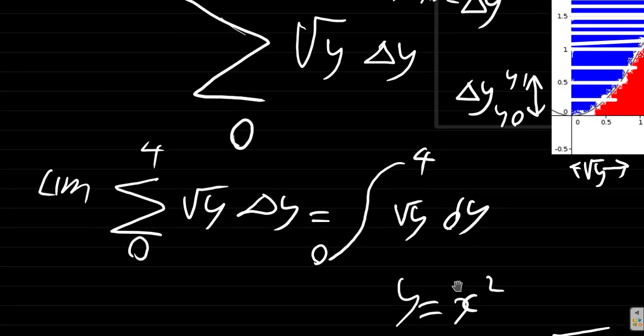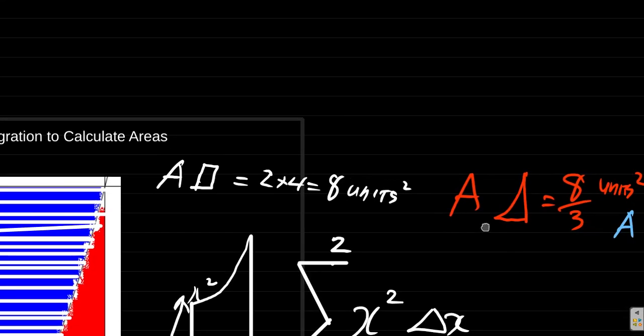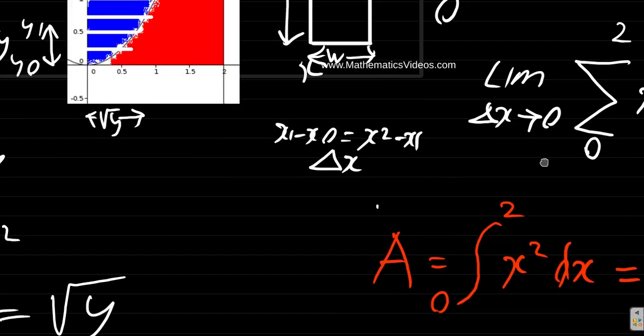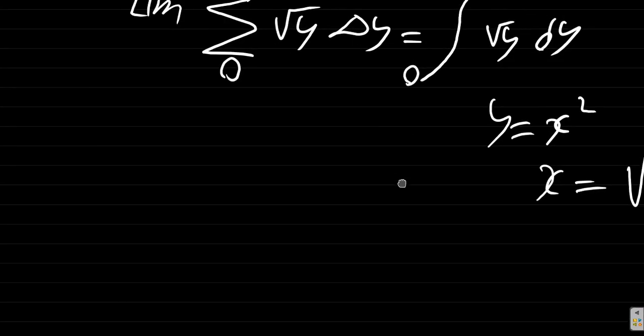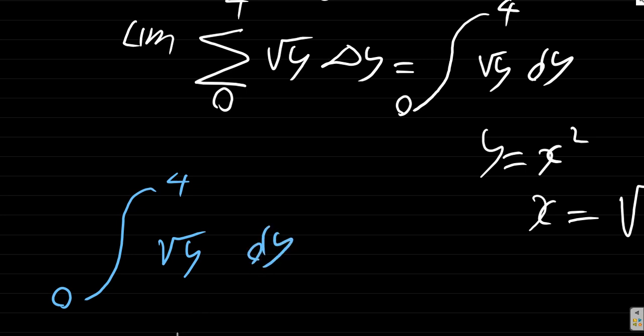Now, let us carry out this integration. Remember, we want to see if we get 16 over 3. And since this is the blue area, let us write it in blue. So we find the integral from 0 to 4 of the square root of y dy. But what's the square root of y?